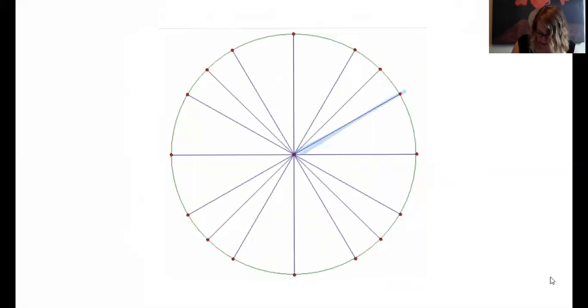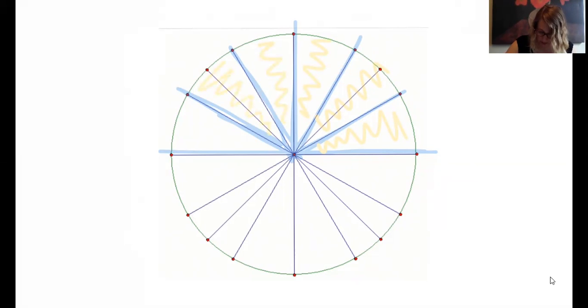So it was that line. I'm going to start here again. And then notice I'm skipping the one in the middle. And I have just split up this half circle into 6 equal parts. There they are.